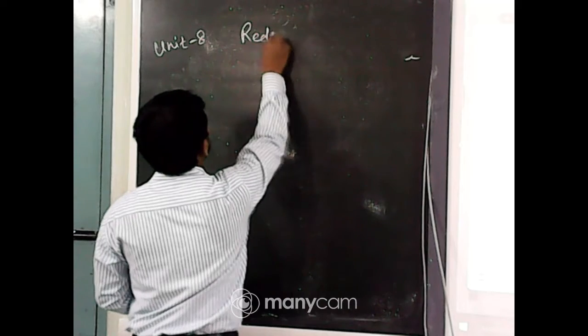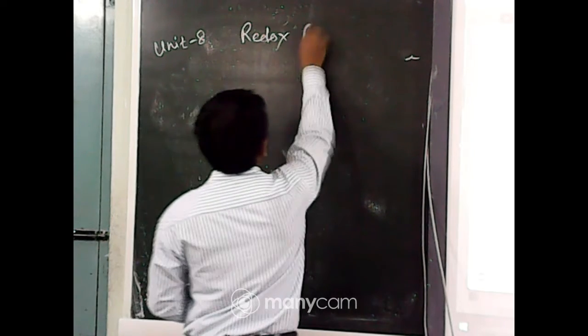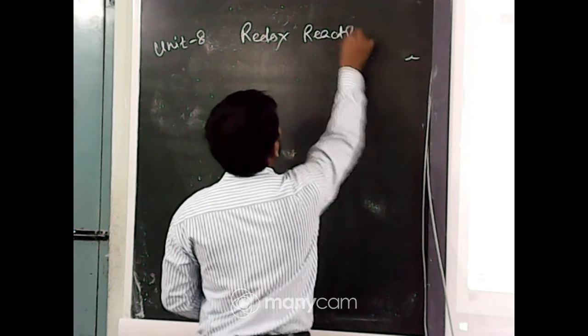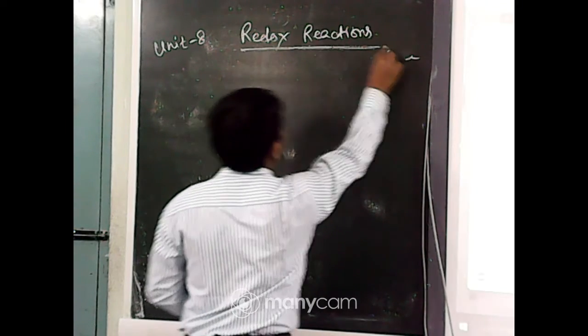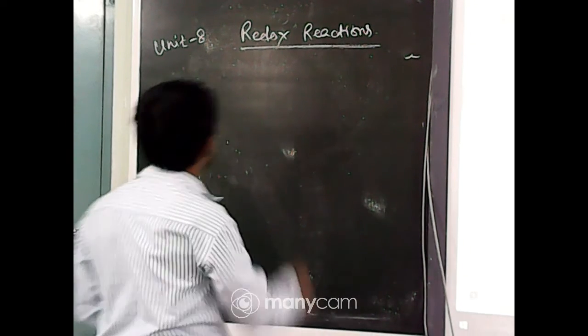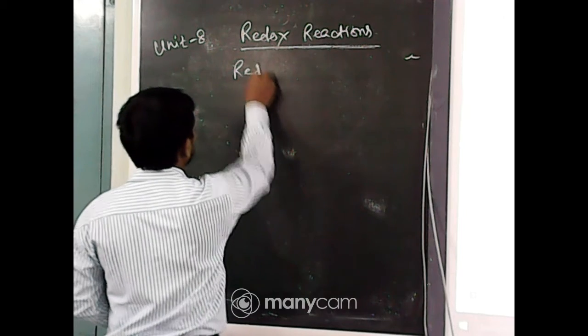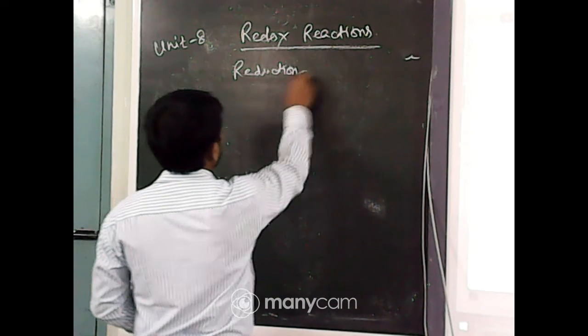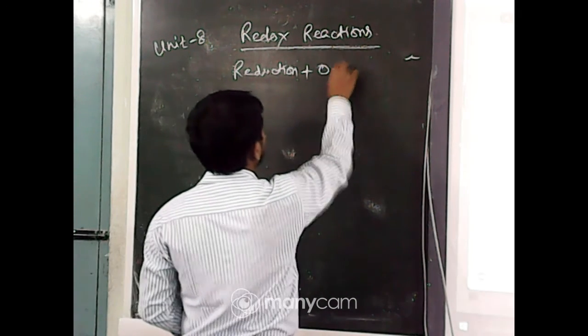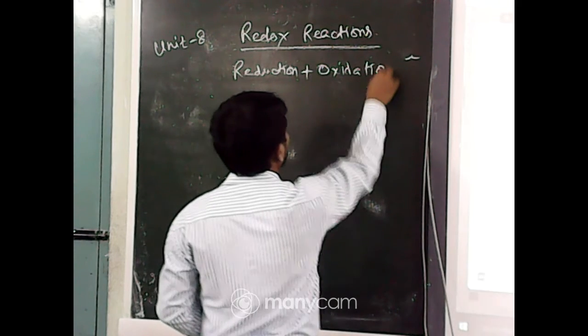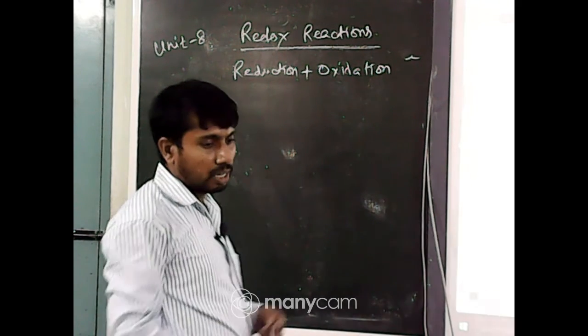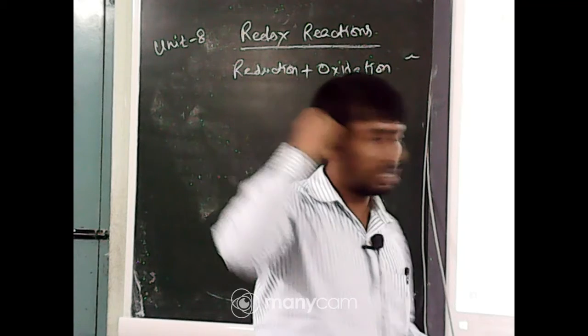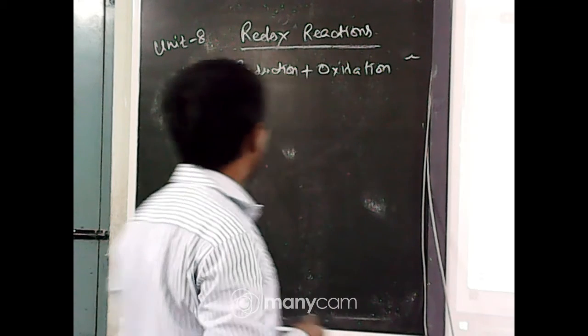redox. Okay. So redox, that is reduction plus oxidation. Now we know the different definitions of that. What are the definitions?